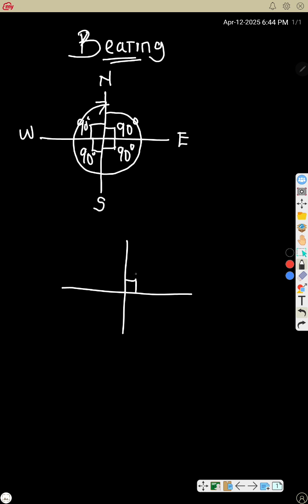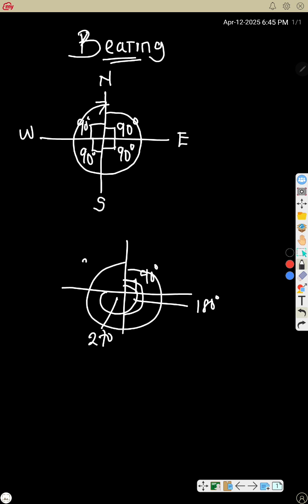Remember, from here to here is 90. If I extend it to this, it is another 90. Everything here is 180. If I extend it again to this place, everything is 270. Then if I extend it again to this place, that is 360.